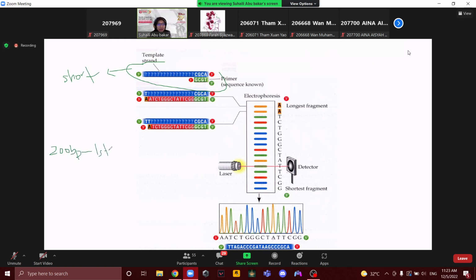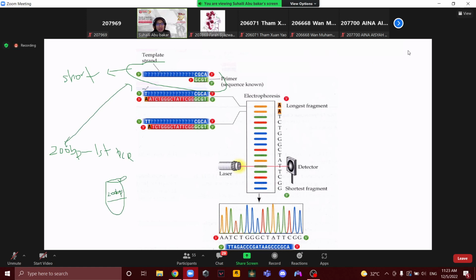So you take 1 microliter and put it in the tube. Inside that tube for sequencing, there is 200 base pair DNA, not the longest one. Do you understand? And then you want to read the 200 base pair nucleotides.